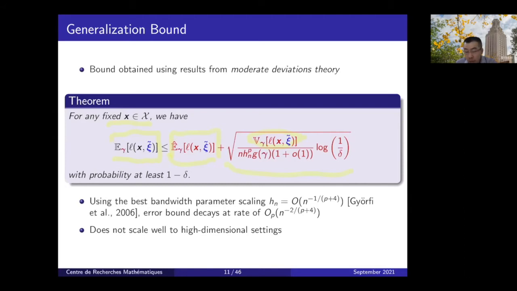And then in the denominator, you have the size of the training data set, the bandwidth parameter, and the marginal density function g for the side information gamma, evaluated at the side information gamma.